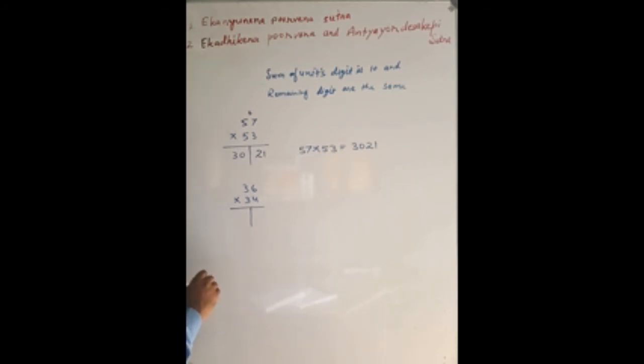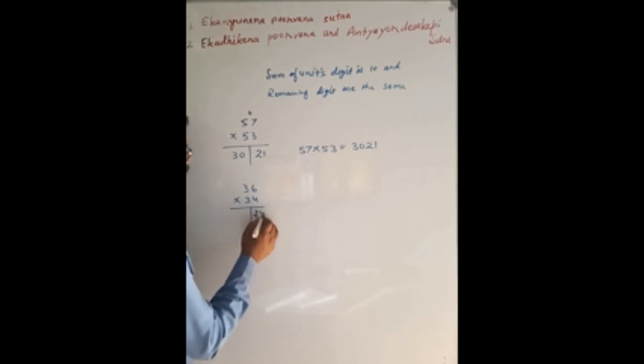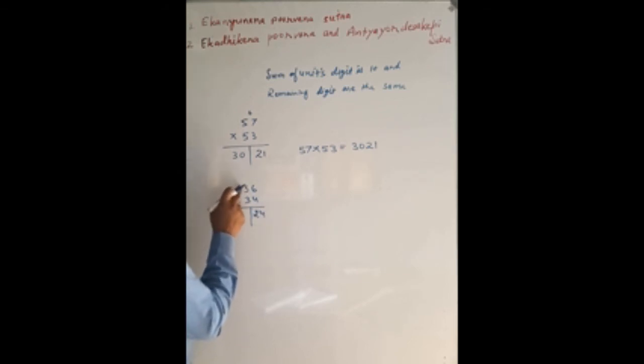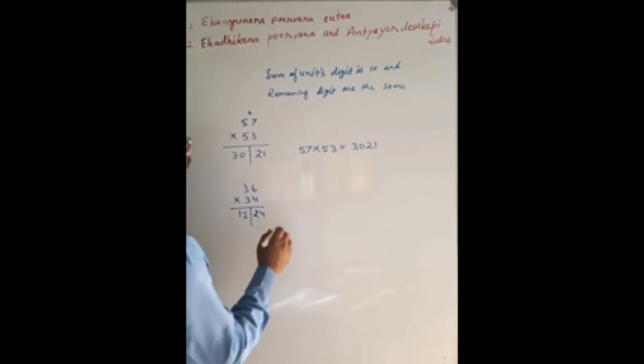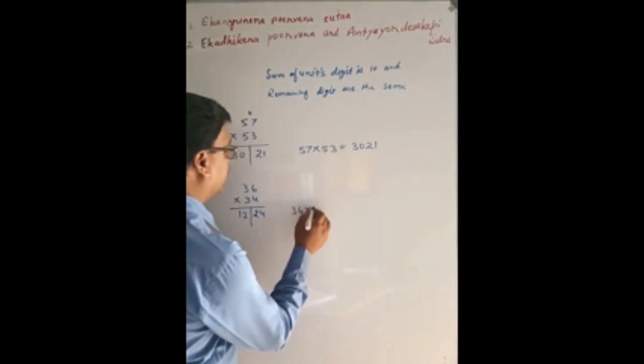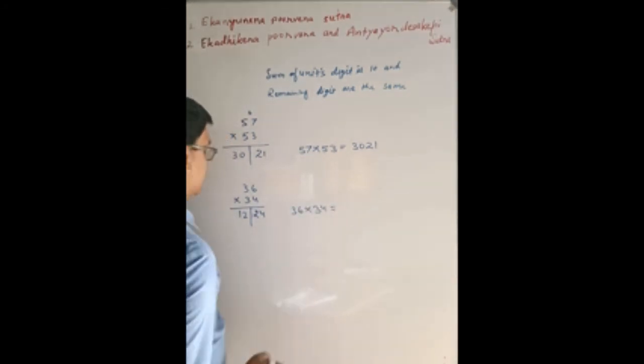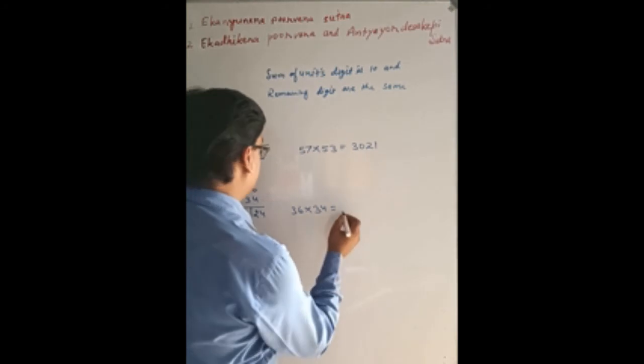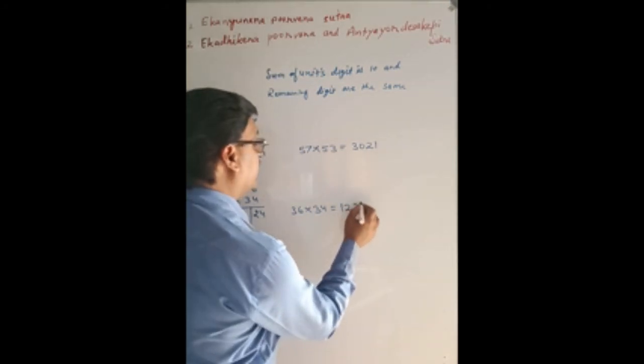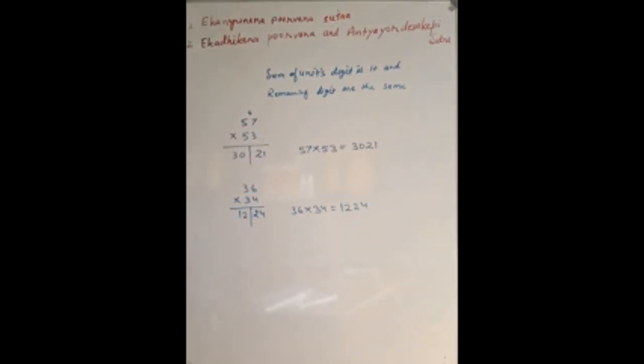This has two parts. Right part is 6 times 4 is 24, and left part is 1 more, 3 plus 1 is 4, and 4 multiplied by 3 is 12. So 36 multiplied by 34 is 1224.